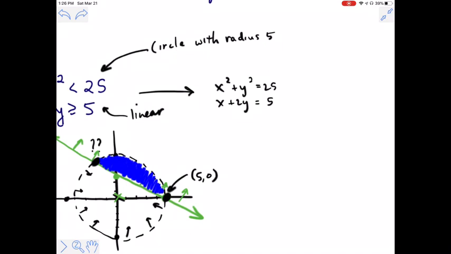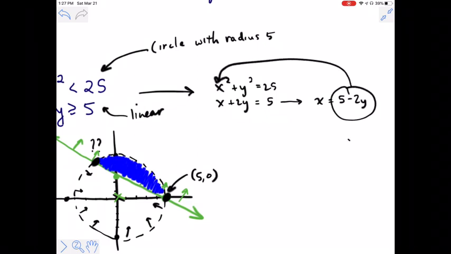So what we need to do here is use substitution. I'm going to rearrange this bottom equation by subtracting 2y. So if x equals 5 minus 2y, then that also means that this x right here equals 5 minus 2y, so you make the substitution.